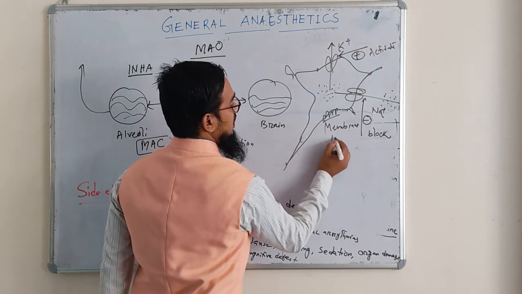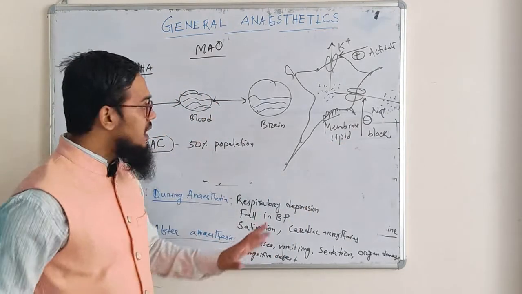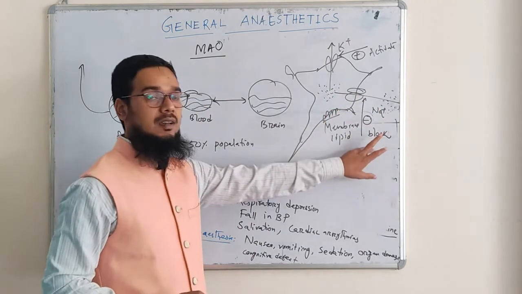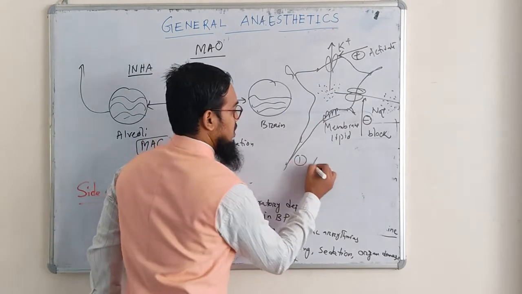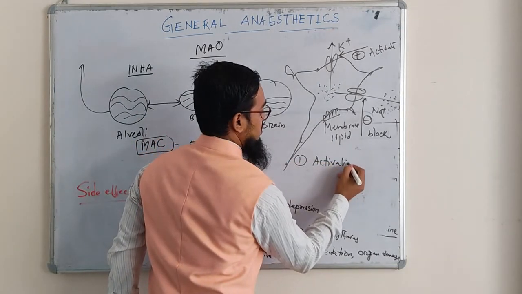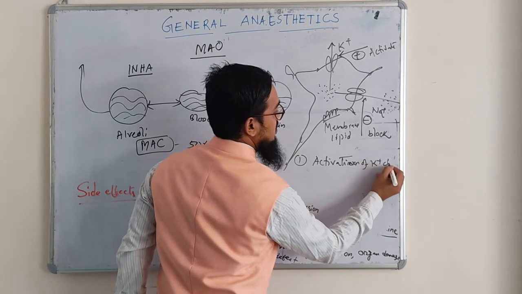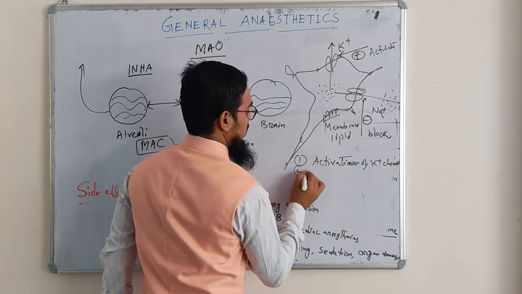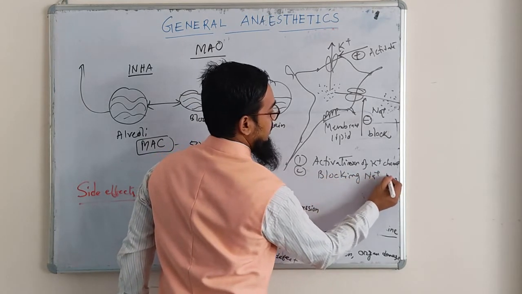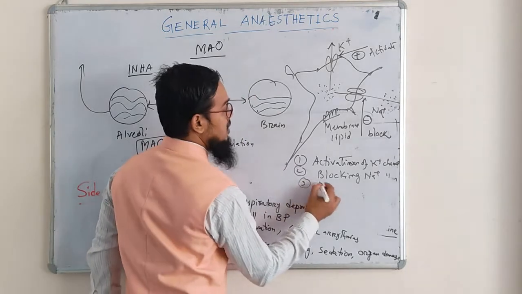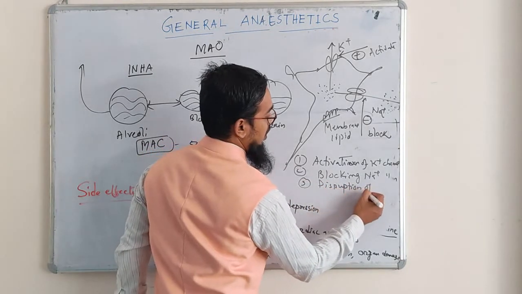So inhalational anesthesia mainly works through three mechanisms. One, activation of potassium channel. Number two, blocking sodium channel, and number three, disruption of membrane lipids.